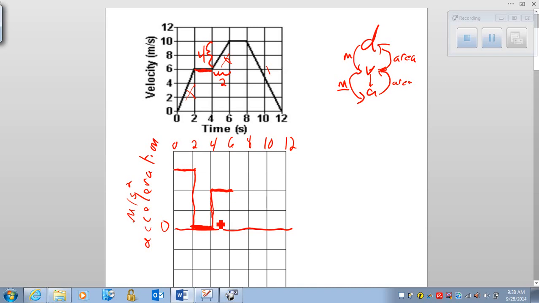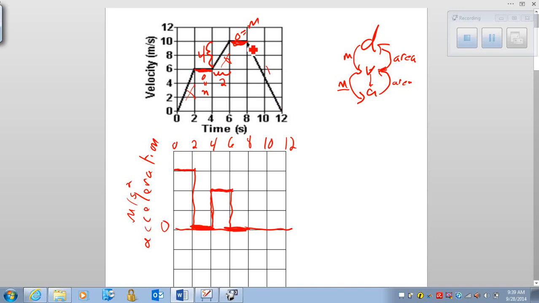And again, our velocity time graph levels out. So these lines up here represent 0 slope, which is 0 acceleration. So that means our line's going to go back down to the 0 line for no acceleration.